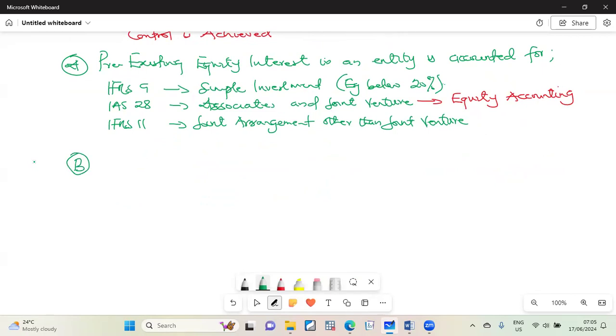At the date where you increase this pre-existing equity interest, and where the increase will bring about control, because you can increase from 20 to 30 and it only brings you to associate. But I'm looking at a situation where you have increased it and control is achieved.